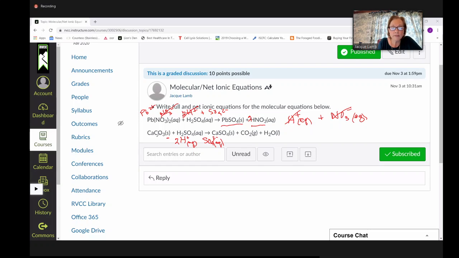Carbon from here in your solid has gone to a gas in carbon dioxide. This net ionic equation is essentially as I've written it, except that it's not balanced. Calcium carbonate solid plus 2H+ aqueous plus SO4 2− aqueous forms calcium sulfate plus carbon dioxide plus water.